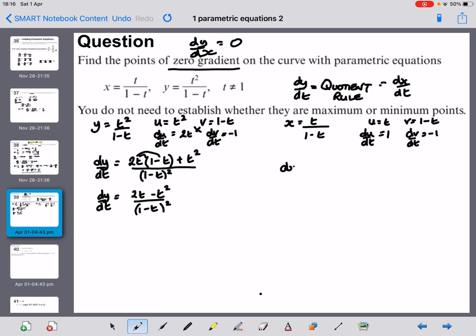So dx by dt is v du dt, 1 lot of 1 minus t, minus u dv dt, so that's minus t, so minus t is plus t, over v squared, which is 1 minus t squared. So tidying up the top, the t's cancel, 1 over 1 minus t squared.